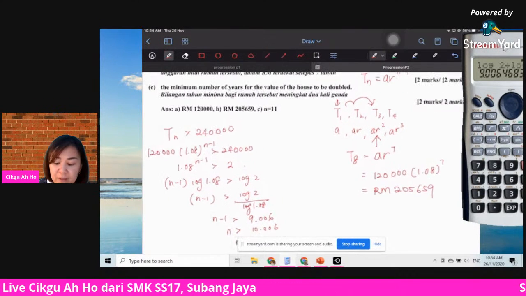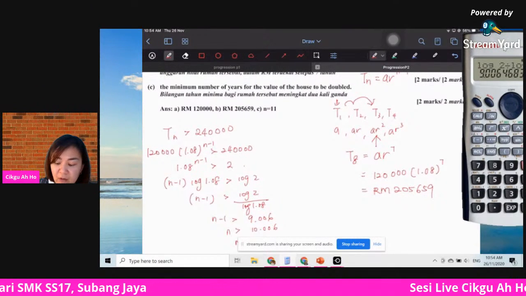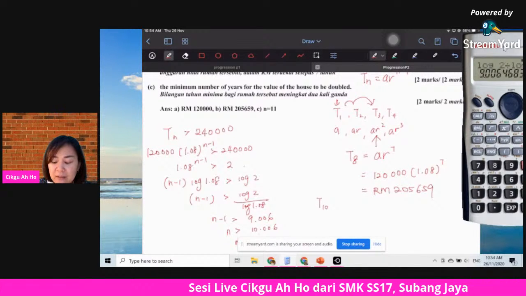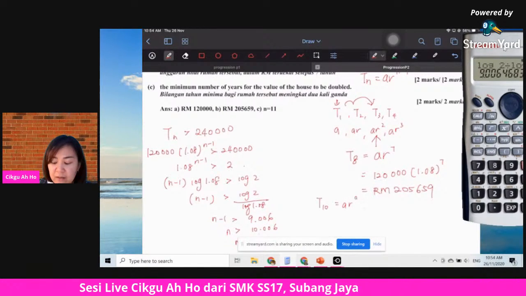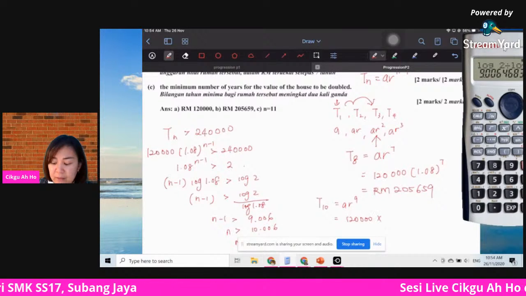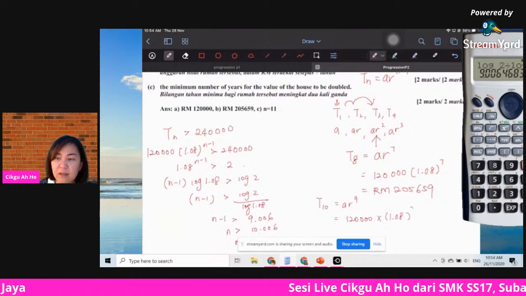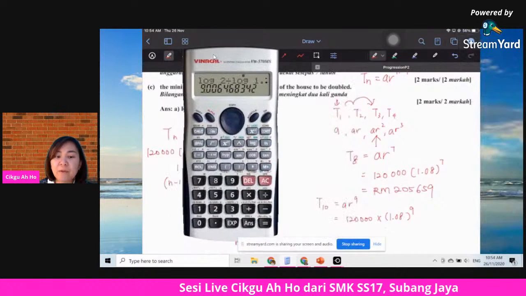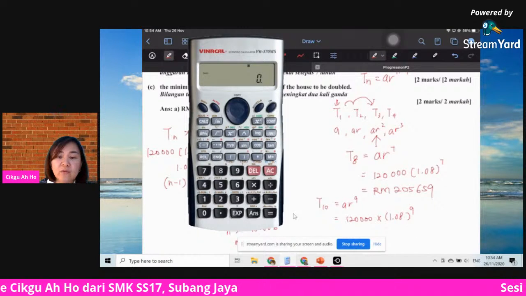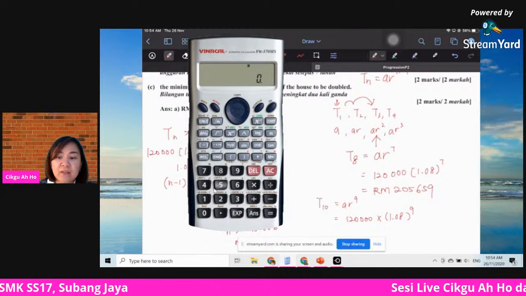You want to double up the price, like the teacher showed just now. If you want to confirm, when you are unsure whether it is 10 or 11, you can double check. Price at year 10 is A times R to the power of 9. If my A is 120,000, multiply this one, what value do I get? If you don't write it down it's fine, you just use your calculator and check, because you cannot confirm whether the answer is correct or wrong, right?